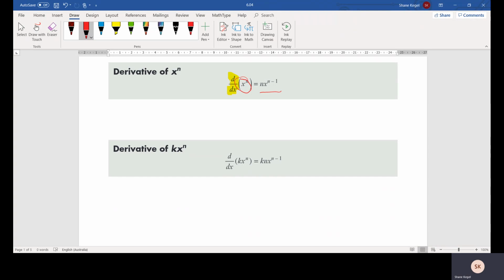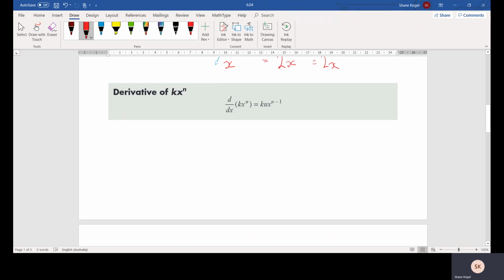So essentially, if I had, let's say, x squared, the 2 is my n value. So what I do is I bring my power to the front, and then I decrease the power by 1. So the derivative of x squared would be, I bring the 2 down the front, it becomes 2x, and then I take 1 from the power. So 2 take 1 would just give me 1, or we would know that just to be 2x.